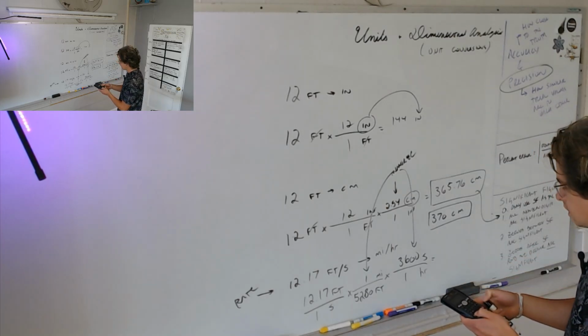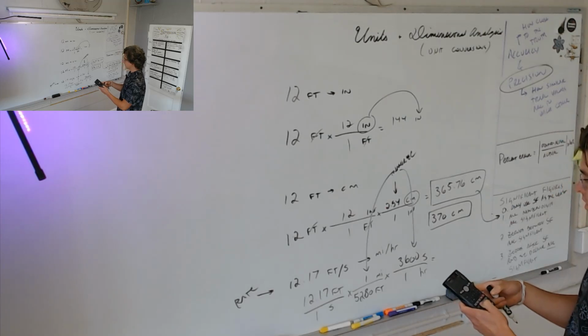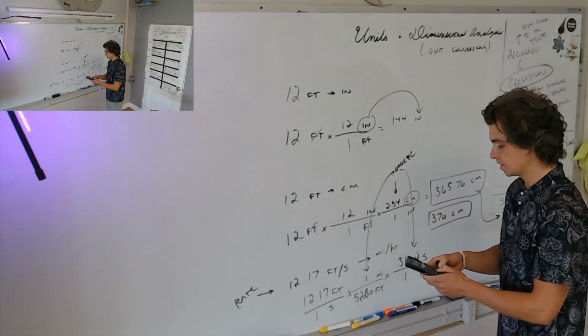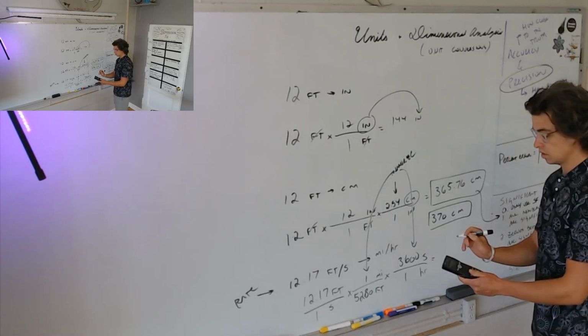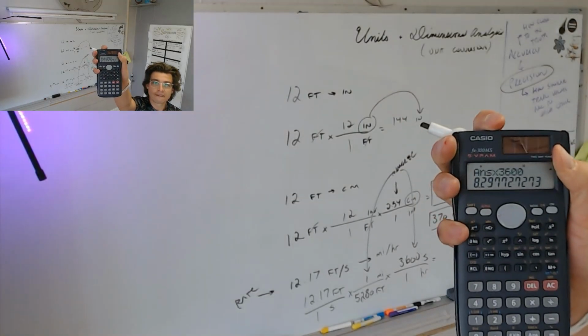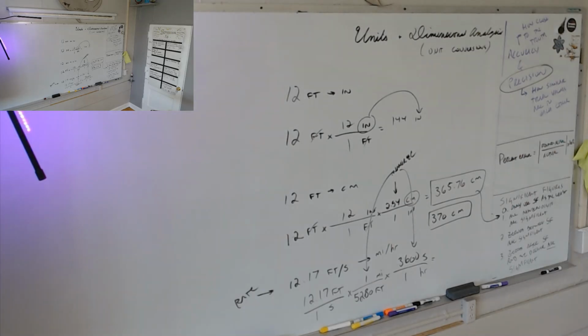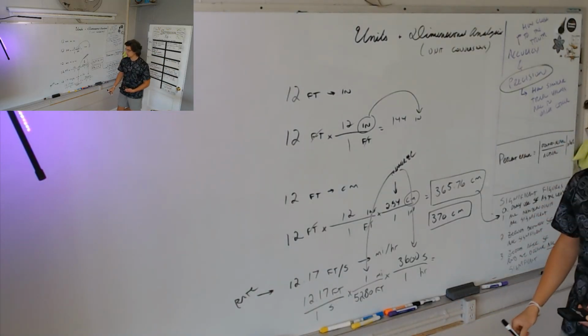12.17 divided by 5280, enter, it's important to enter between divisions, times 3600 equals. Now you can see that 8.29, and so on, loads of numbers there. How many of those do I use? Well, the rule is only as many as the lowest.